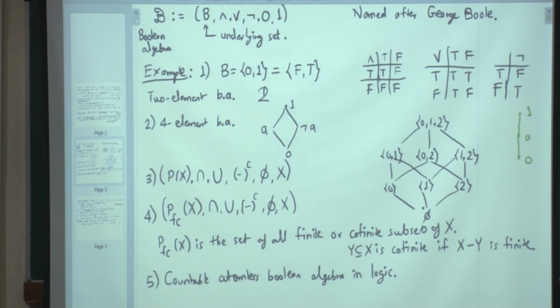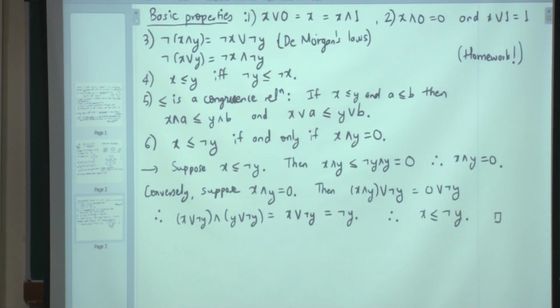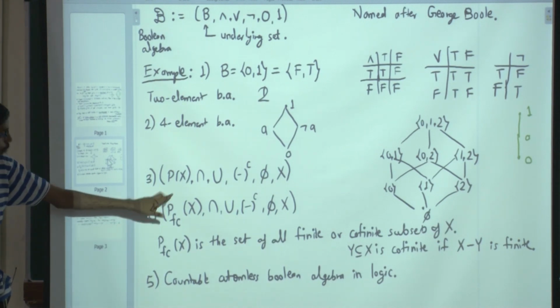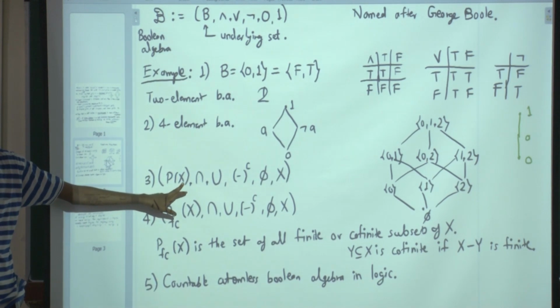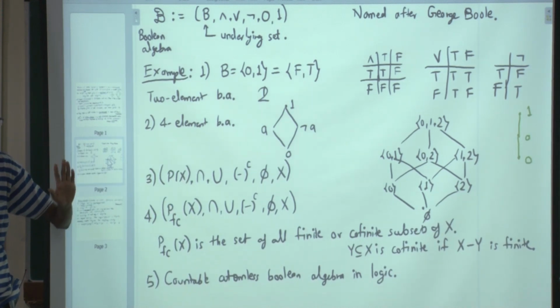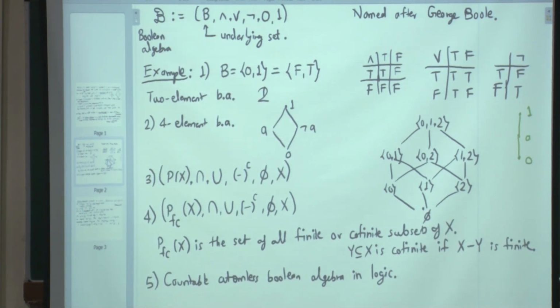Okay, so for that, given a finite Boolean algebra, we would like to figure out what it is the power set of. Correct? It should be a power set of something, x. How do you figure out x?